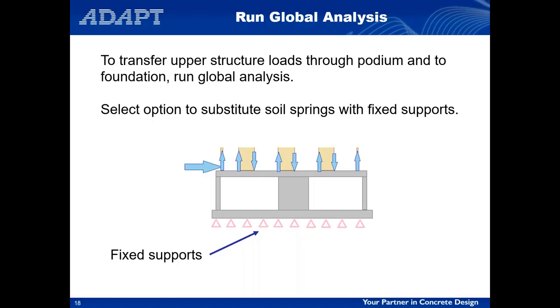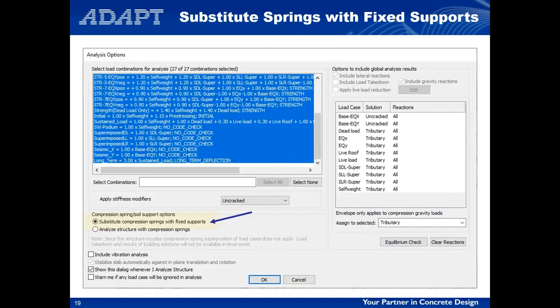So what we're doing in the background is running our global analysis, and I'm now switching to where you're looking at the analysis option window when we're in global mode. You see here, I've highlighted it in the middle yellow on the bottom left.